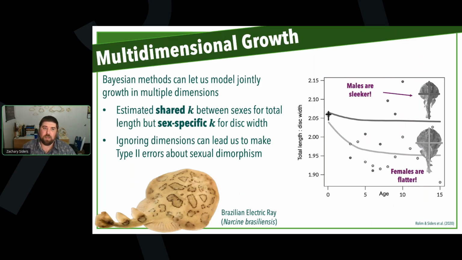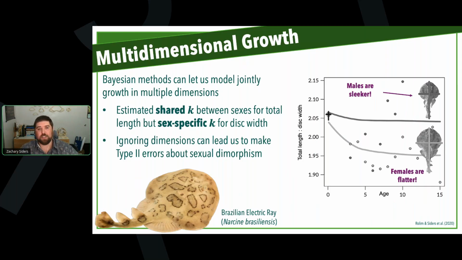We started off way back in my postdoc looking at Brazilian electric ray with some folks in Brazil, Fernando Rolim. One of the questions we had when building this model was a really classic one: are the parameters, like our growth rate, our Brody growth coefficient, shared between sexes or sex specific?